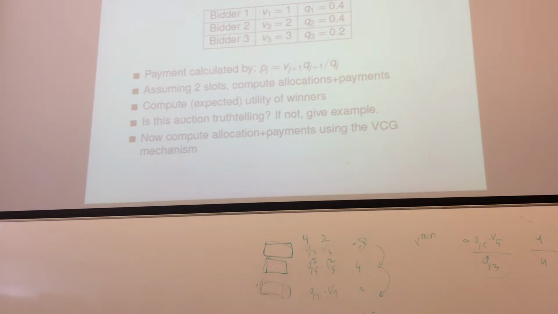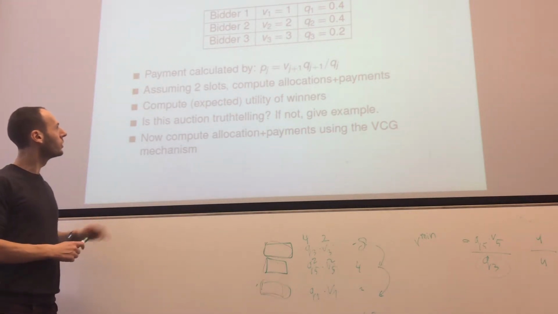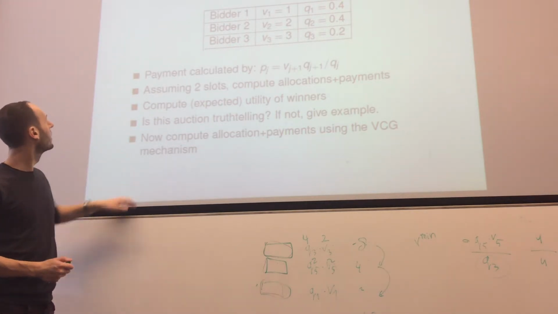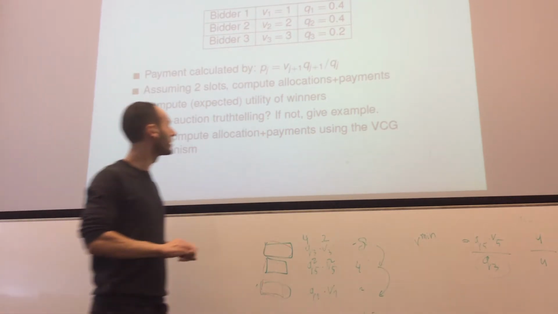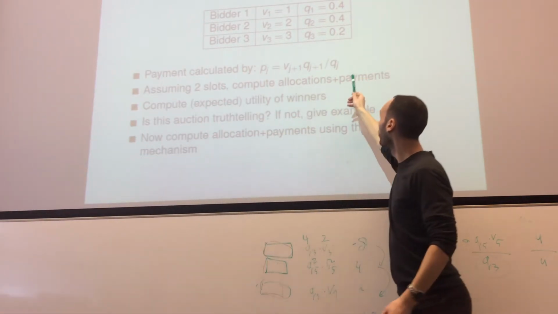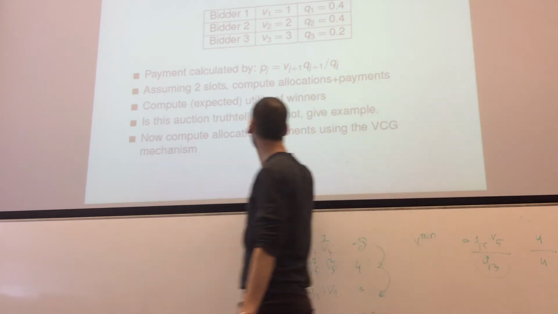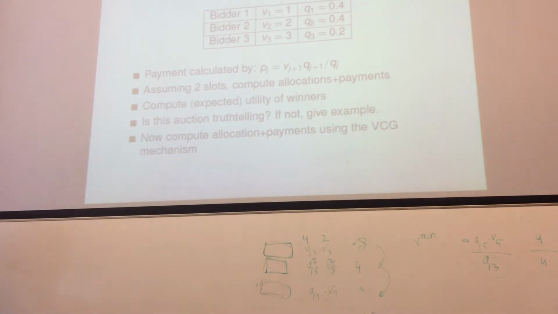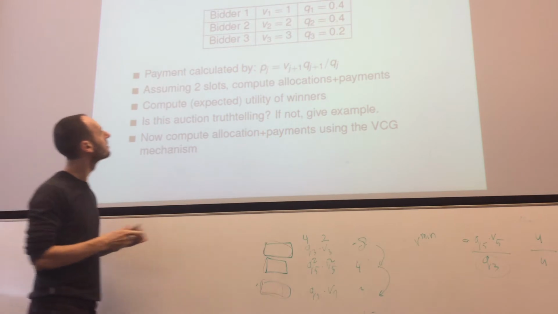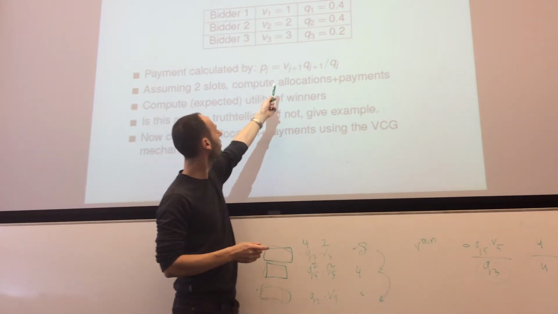Okay, so here is a little example. I'll leave you to do this example, but let me go through it. So just to remind you, this is the payment rule. J is the agent allocated in slot J, right? So it's not agent J in this case, it's the agent that's allocated in slot J. It's a little bit confusing, but J refers to position.